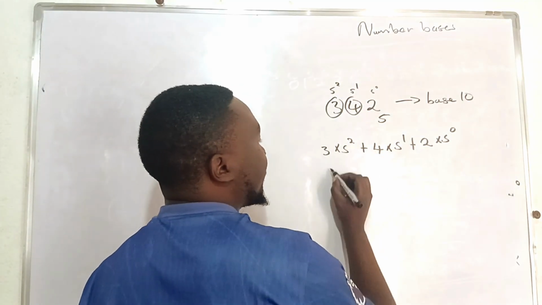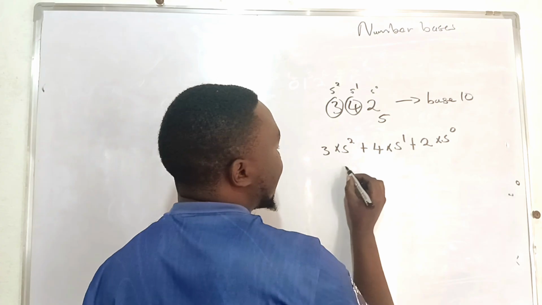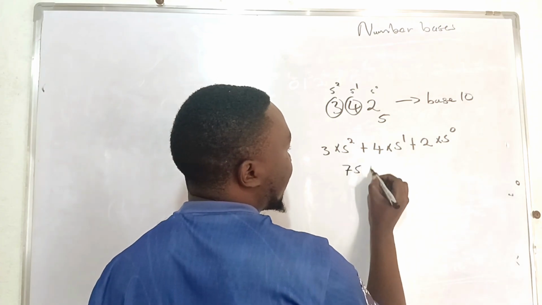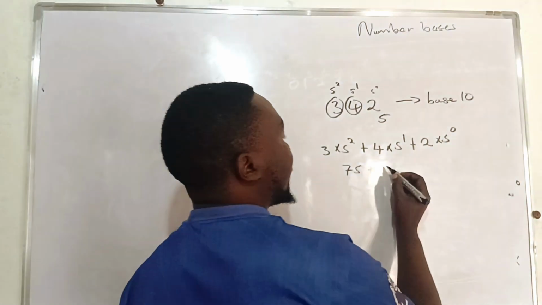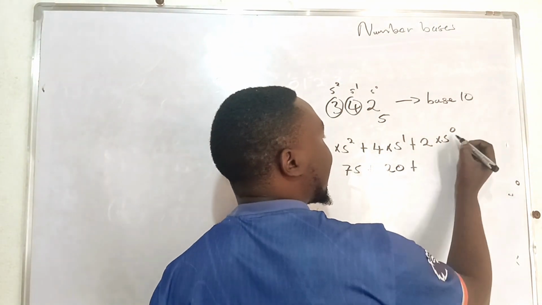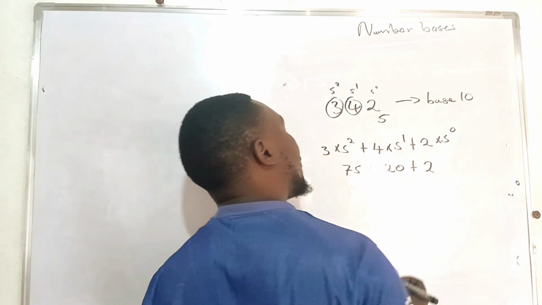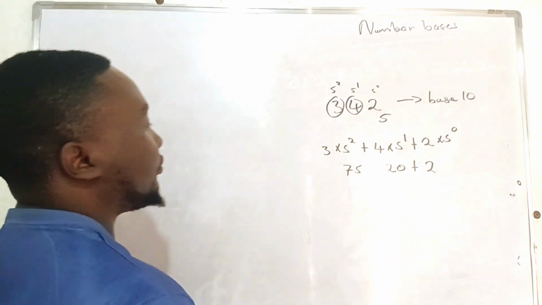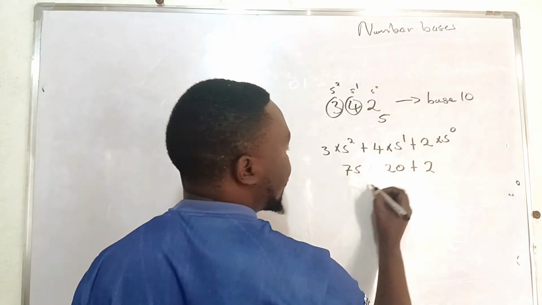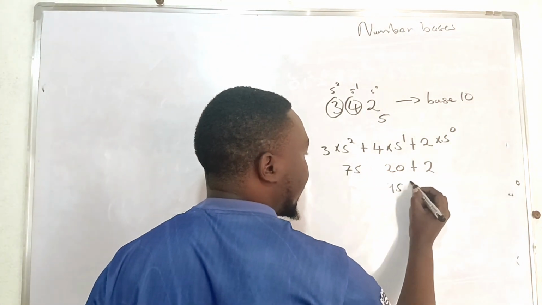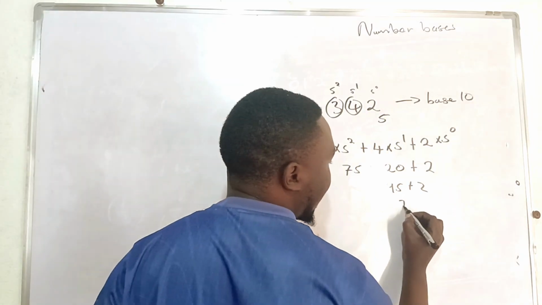So 5 to the power 2, that's 25. 25 times 3, that's 75. Plus 5 to the power 1, that's 5. 5 times 4, that's 20. Plus 5 to the power 0, that's 1, so we add 2 here. So 75 plus 20, that's 95, plus 2, it's going to be 97.